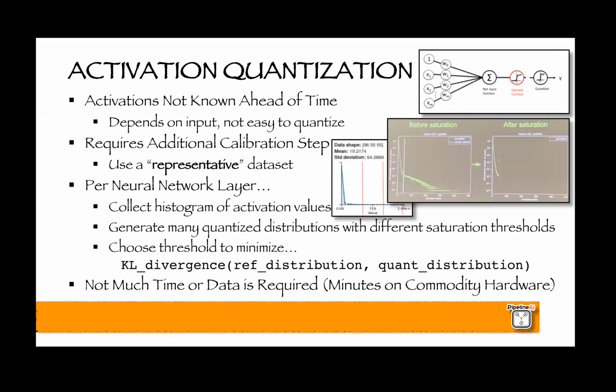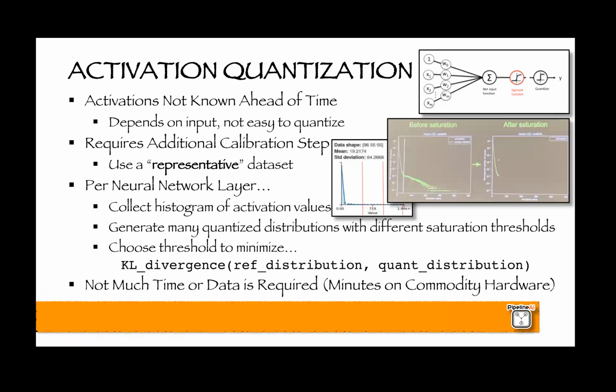For example, the Inception model is, I think, 90 meg. Just doing weight quantization gets you down to 20 meg. Then you could further do activation quantization to get even more and fit on really small devices, like security cameras.